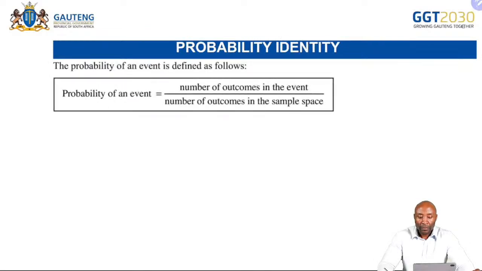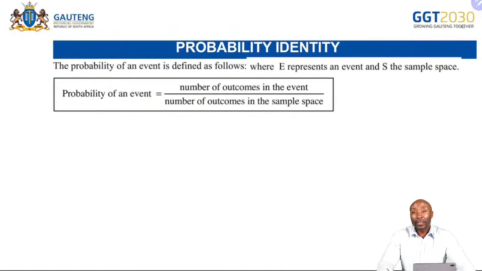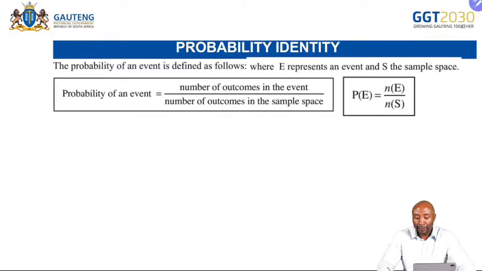Now, we have looked at the probability identity as well as the definition of our probability of an event occurring, where we say it is the probability of an event. We use the letter P for probability brackets. We use capital letters for our events in brackets.